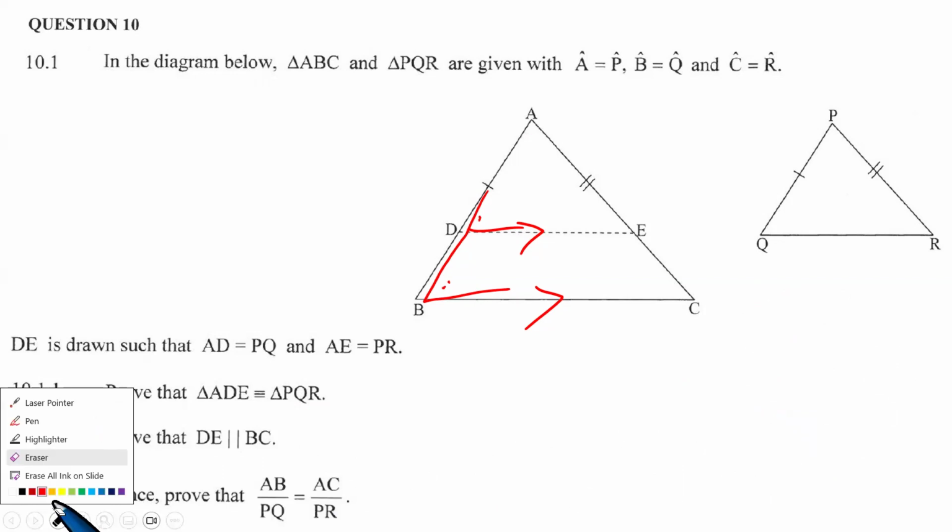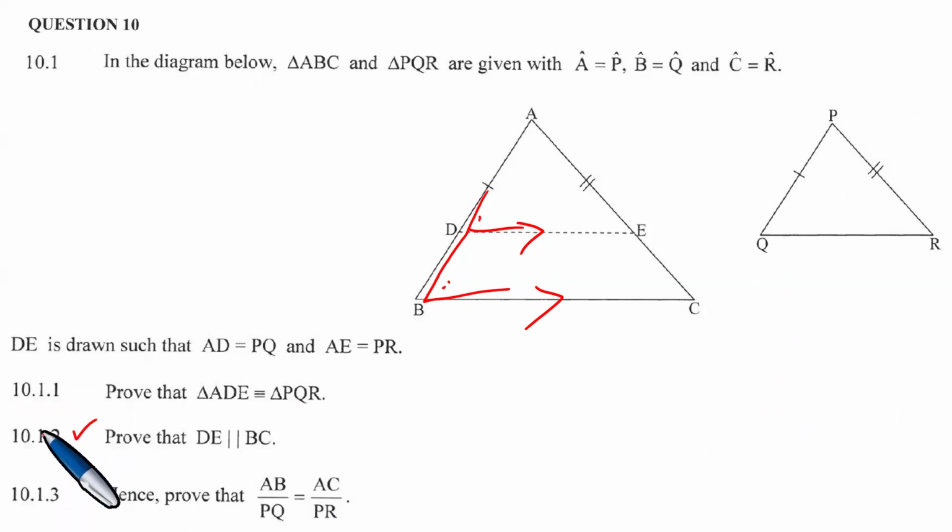So now I want to prove 10.1.2. Angle ADE is equal to angle Q. Angle ADE is equal to angle Q. This angle here is equal to this angle there.